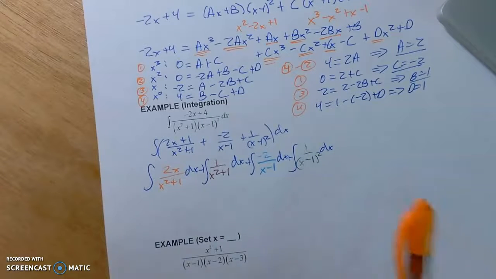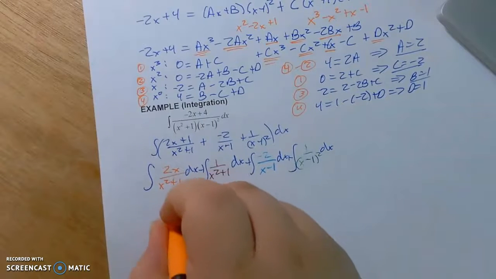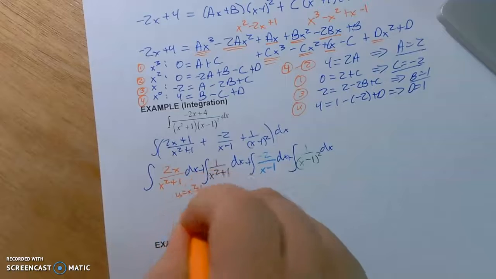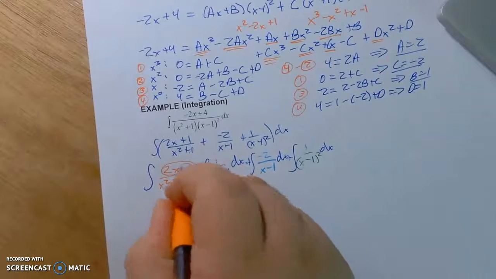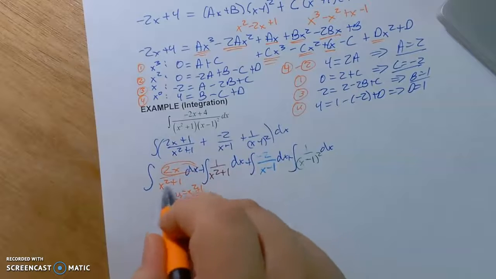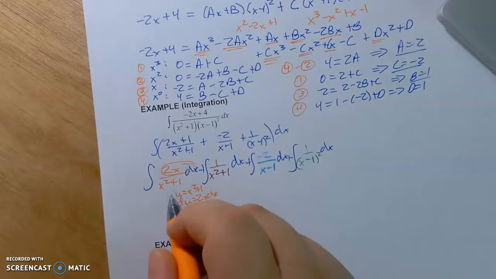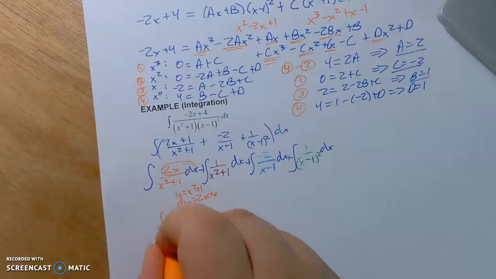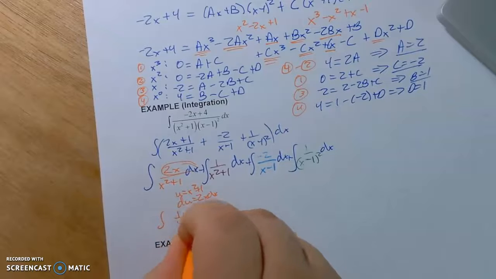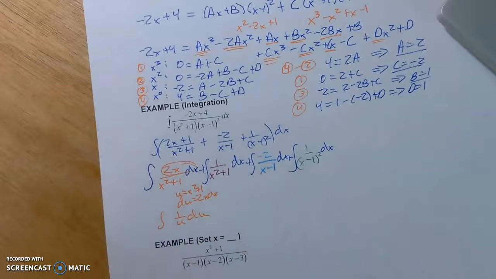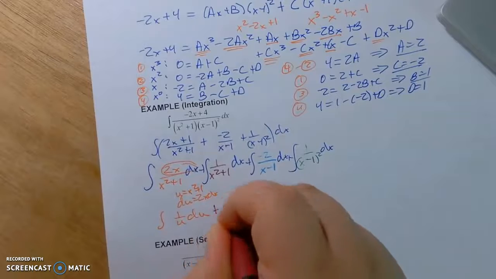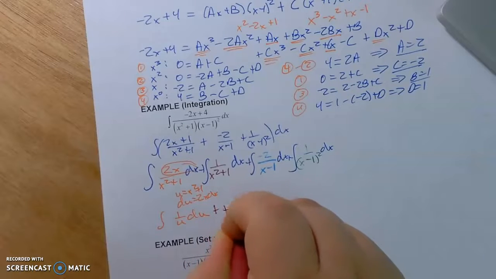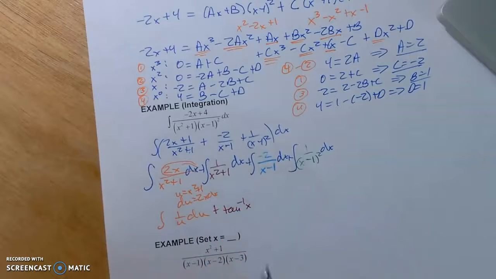Okay. So when we do this first one, we would have u equals x squared plus 1, du equals 2x dx. So there's our u, du. This becomes 1 over u du. The next term becomes plus, like we already said, this was inverse tangent of x.